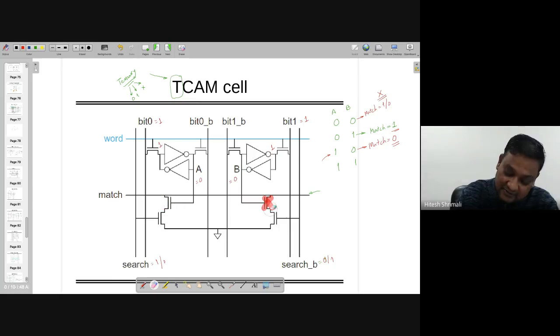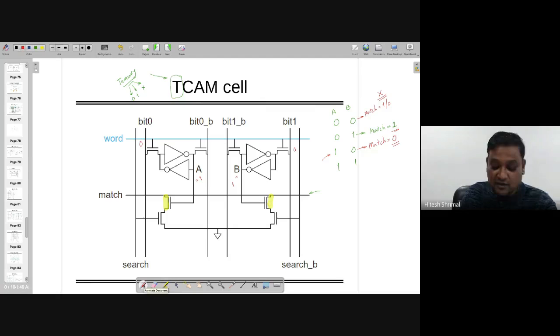Now look at the other thing, which is 1 1. When this is 1, this is 1. So this is 0, this is 0. And because of this 1 1, both the transistors are on.